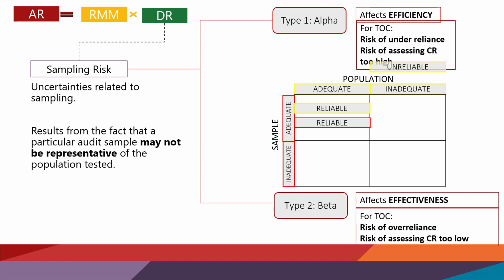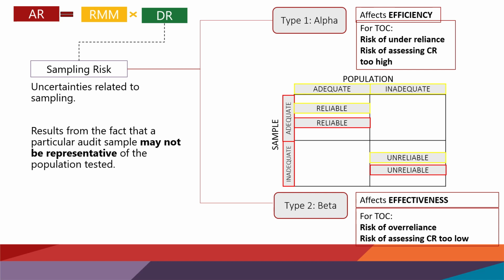In certain instances as well, it's possible that the controls are unreliable. Had you tested the entire population, you would have seen that the controls are unreliable. Now you are performing sampling, and the results of your sample show that the controls are unreliable. So again, you were able to get a representative sample.